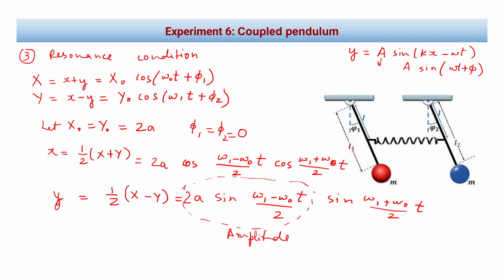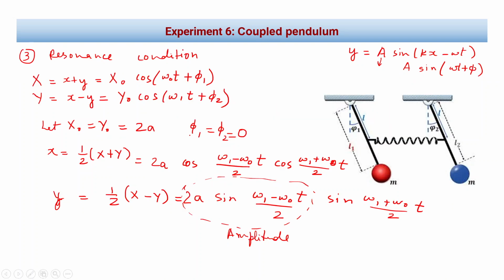So what we see when this resonance condition happens is that the amplitude is also oscillating, and we get two types of frequencies.